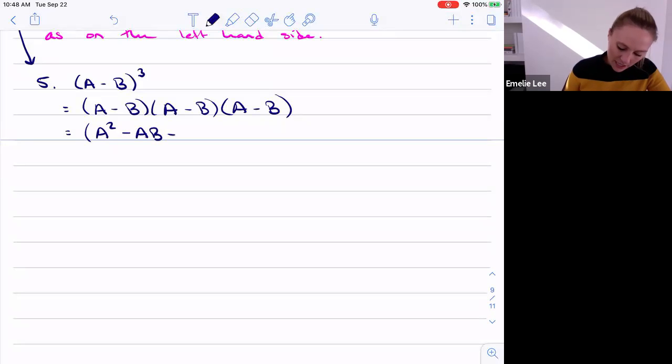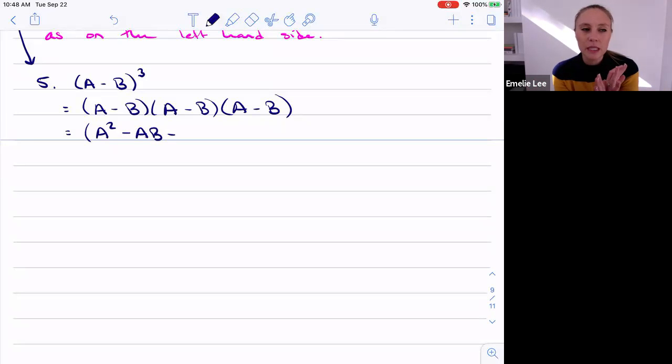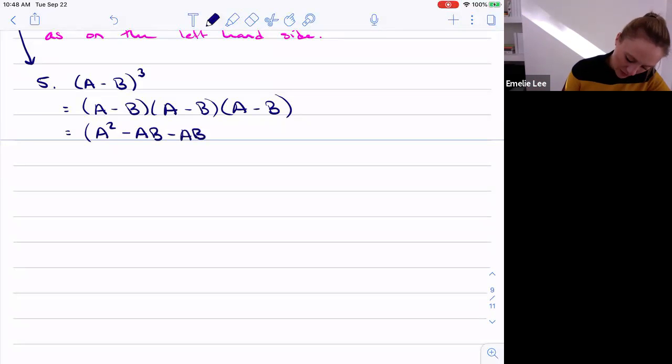And then negative b times a, I'm going to rewrite as minus ab, because then I've got this ab term that I can collect. I am picking up the pace a little bit here. And then plus negative b times negative b, so plus b squared, and then times a minus b.